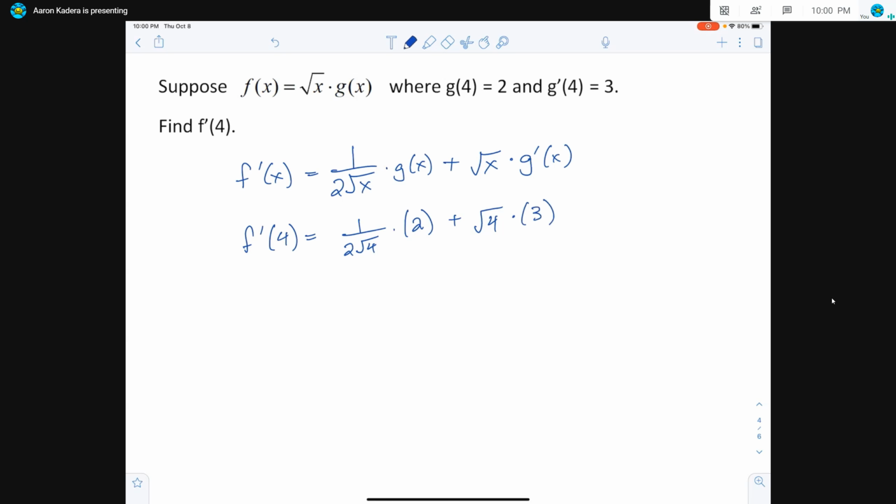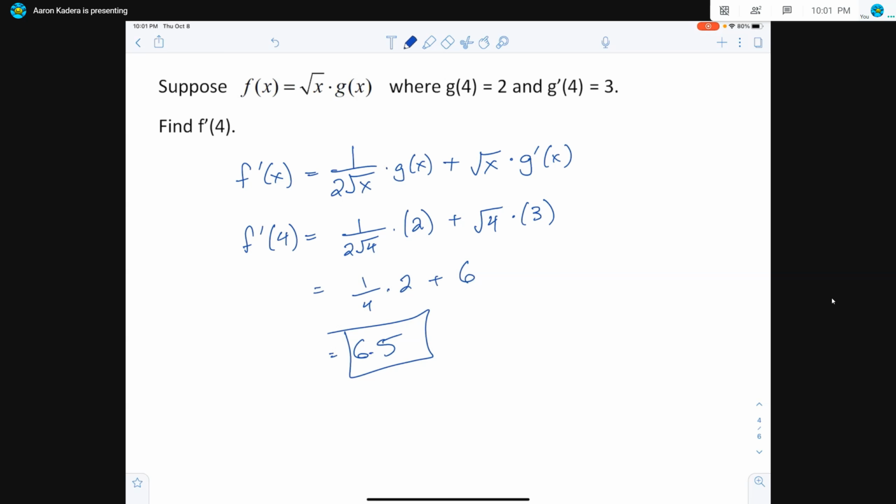And look at that, I have all numbers. So let's see what we got here. We got 1 over 4 times 2 plus 2 times 3 is 6. So we've got 1/2 plus 6, 6.5. Bam. There we go.